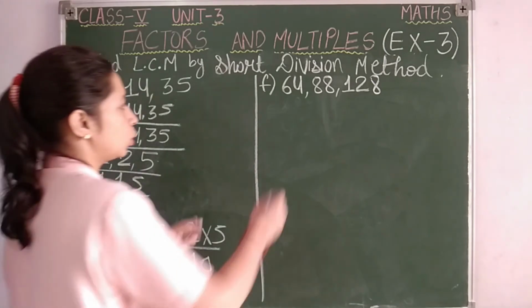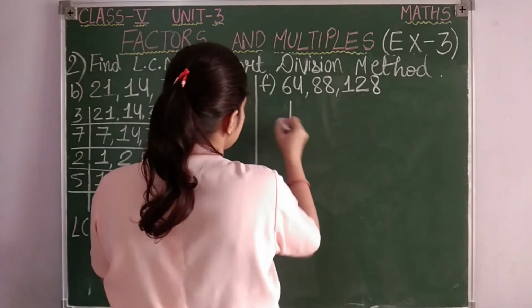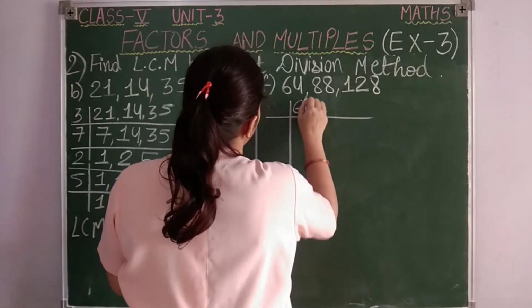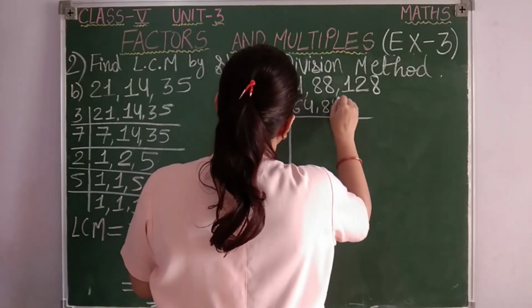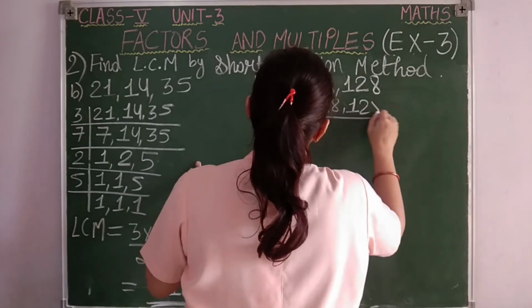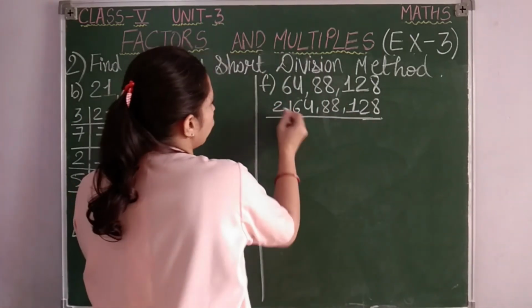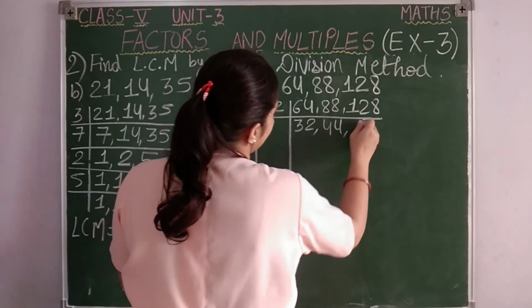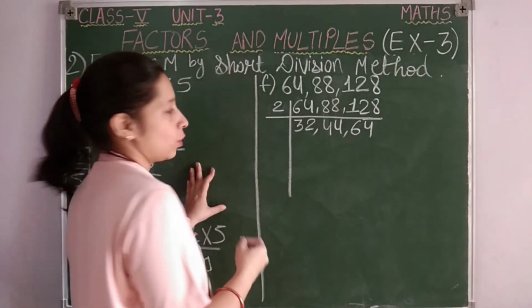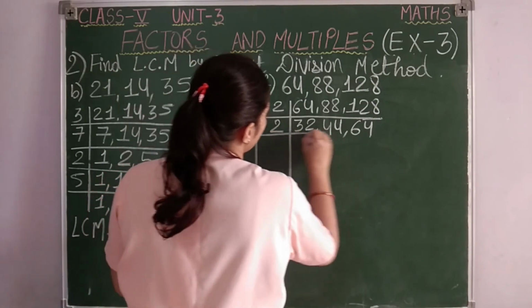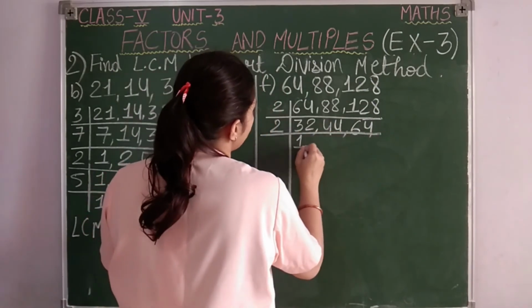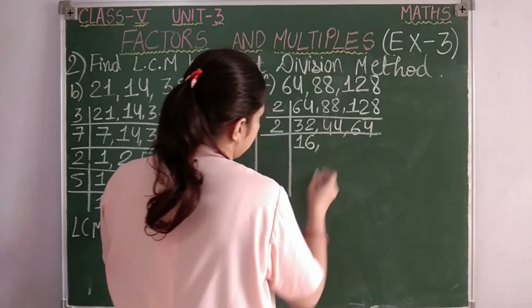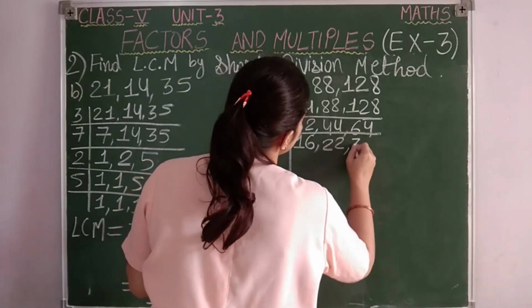Let us see the next question again. Same steps. 64, 88, 128. I will begin dividing with 2. 2 3s are 6, 2 2s are 4, 2 4s are 8, 2 6s are 12. Then again 2 1s are 2, 2 6s are 12, 2 2s are 4, 2 3s are 6.